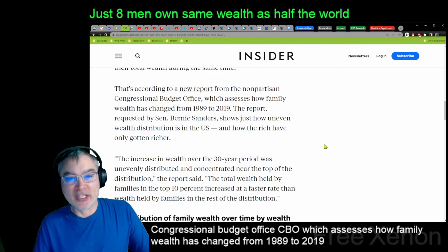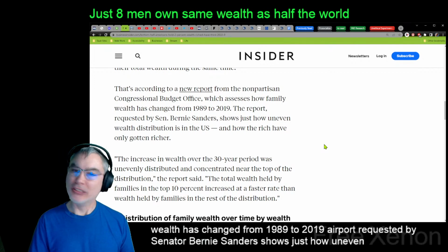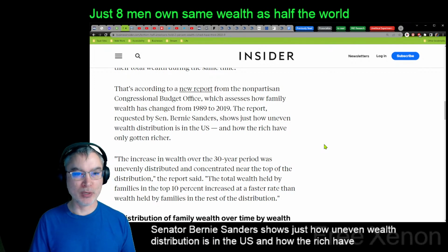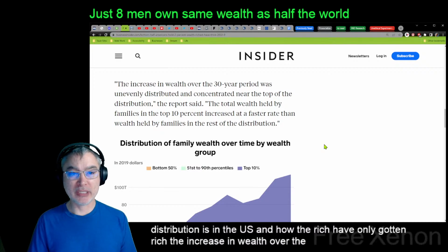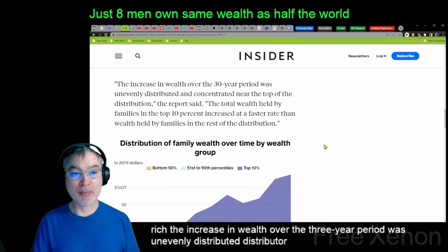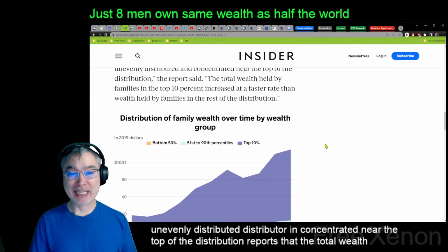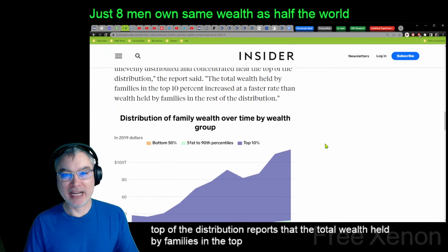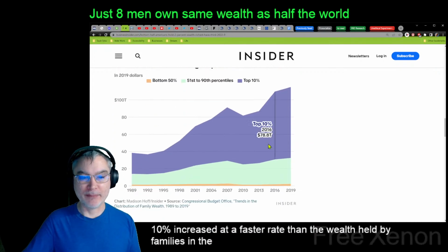The report, requested by Senator Bernie Sanders, shows just how uneven wealth distribution is in the U.S. and how the rich have only gotten richer. The increase in wealth over the 30-year period was unevenly distributed and concentrated near the top of the distribution. The report said the total wealth held by families in the top 10% increased at a faster rate than the wealth held by families in the rest of the distribution.